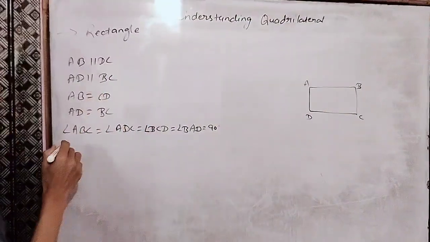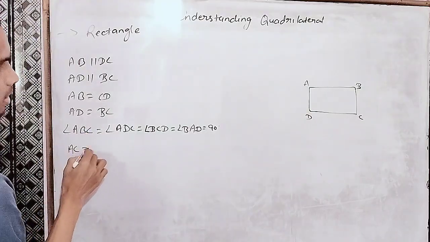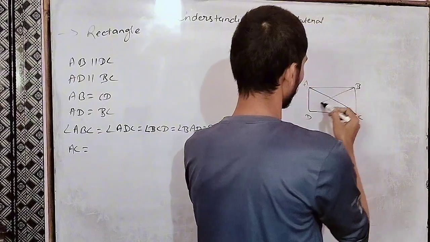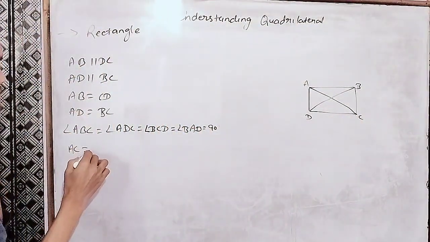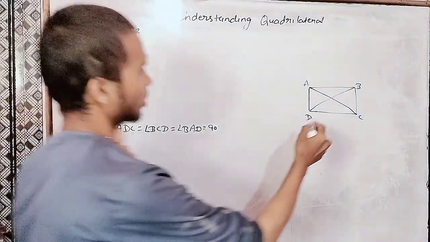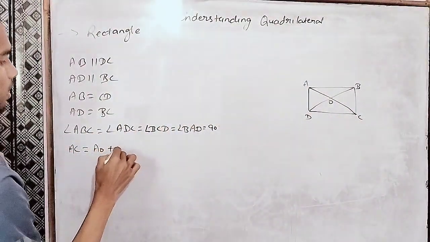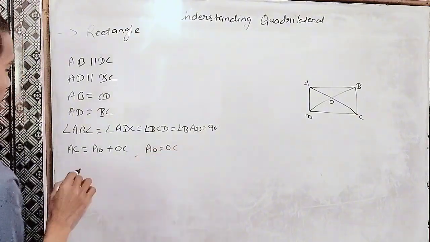Now we have two diagonals in this rectangle, AC and BD, intersecting each other. AC can be written as AO plus OC, and AO is equal to OC.